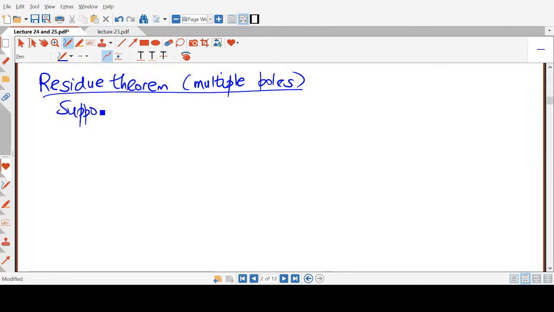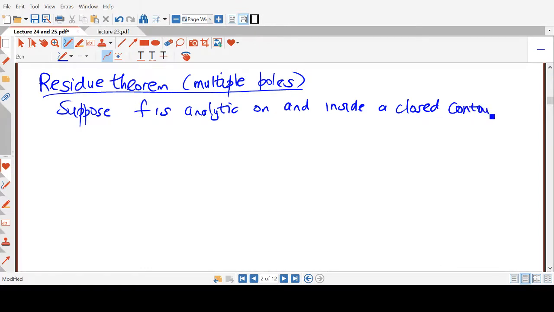Suppose again f is analytic on and inside a closed contour C, except at some bad points, z equals say z1, z2, z3, and so on. Suppose there's a couple of bad guys in the game. In other words, it's singular at these points.